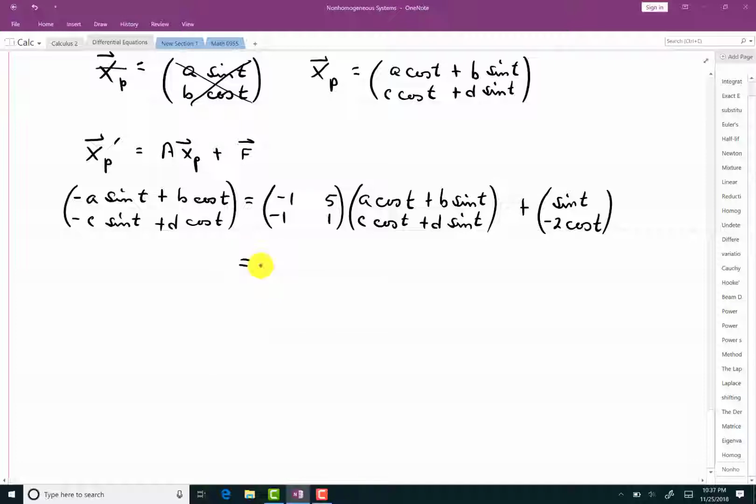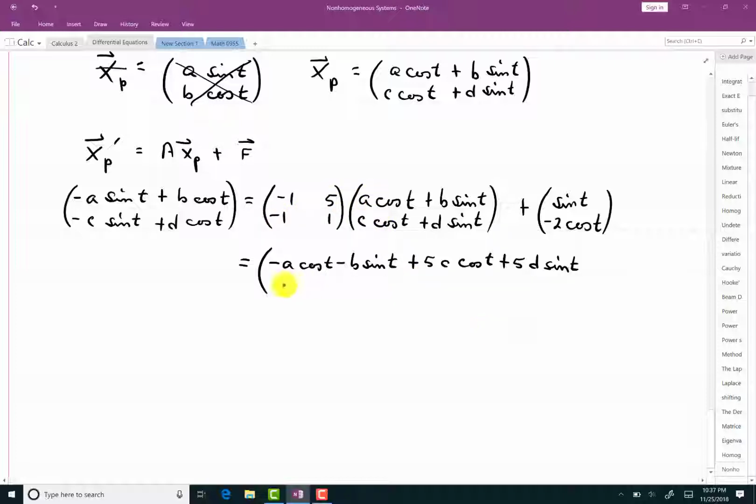On this right hand side, I have to take negative 1 times the first row. So I have negative a cosine of t minus b sine of t. But then I have to take 5 times the second row, plus 5c cosine of t plus 5d sine of t. And then I'll go ahead and do the same thing again for the second row here.